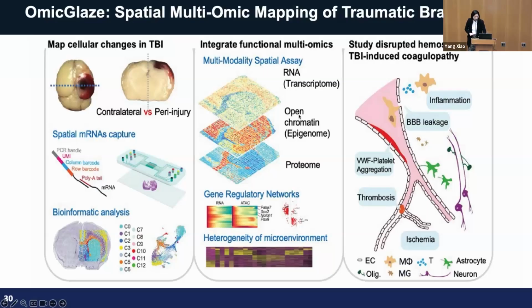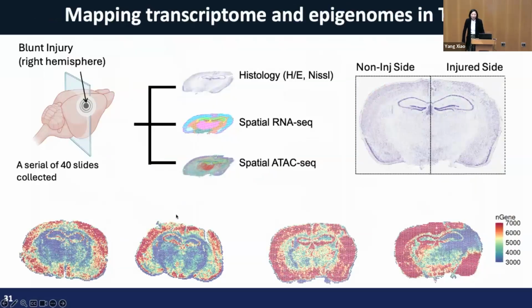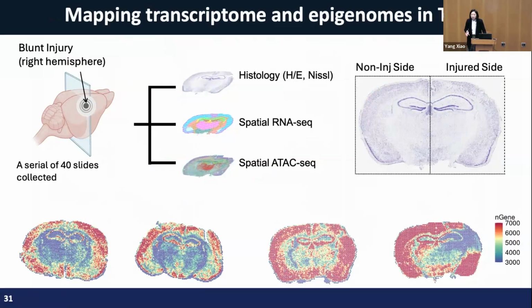So for the sake of time, I'll just jump to our conclusions. The idea is that we want to establish an unbiased platform to understand what is actually changing after TBI and how we can make better decisions for treatment, because every human has a different response after the initial injury.